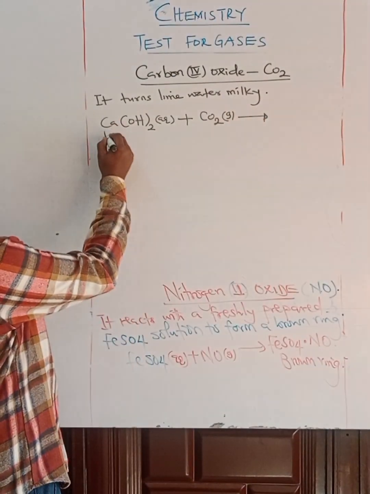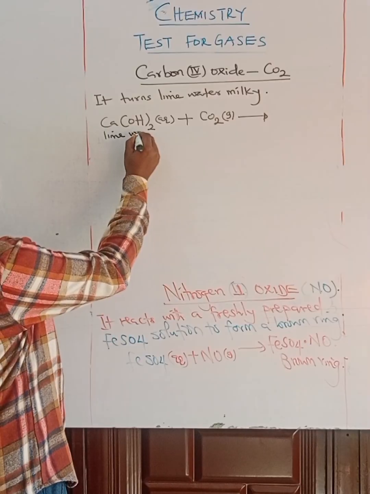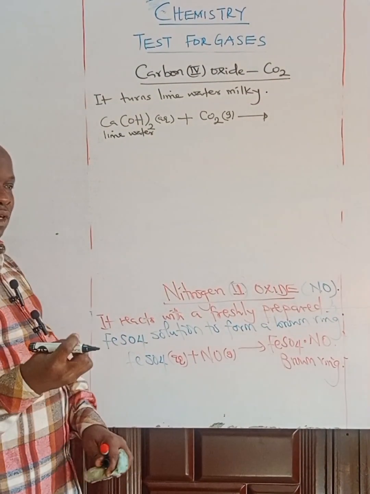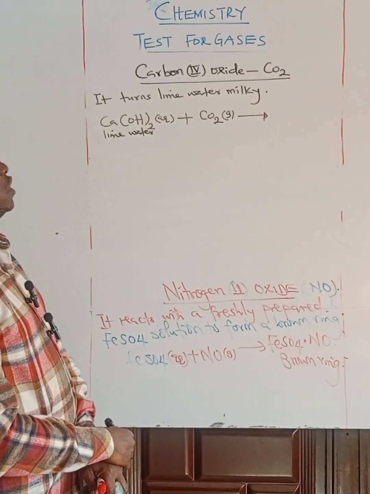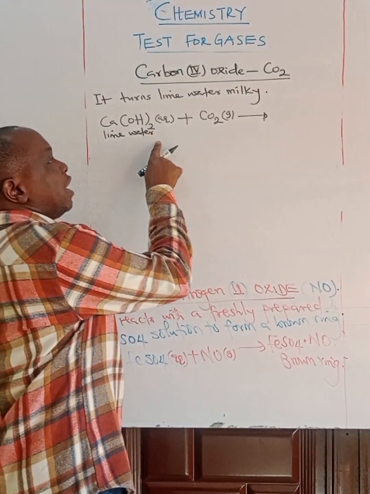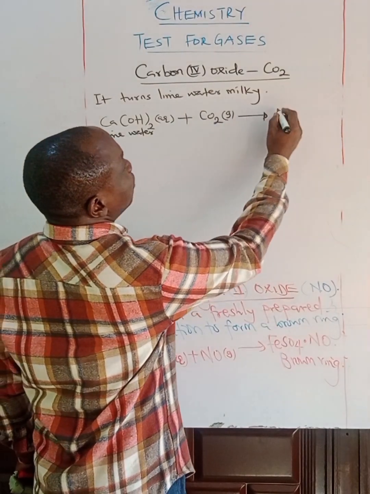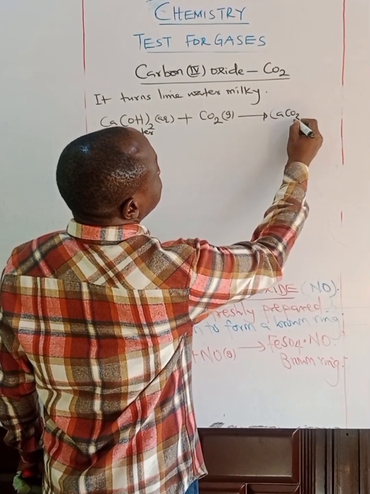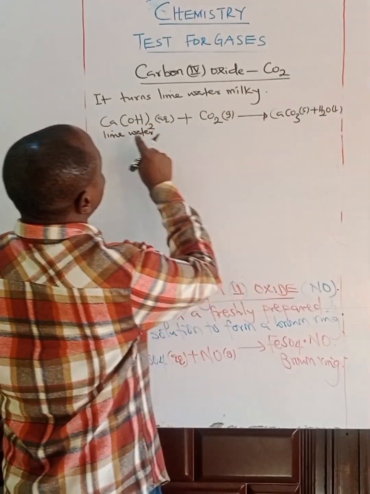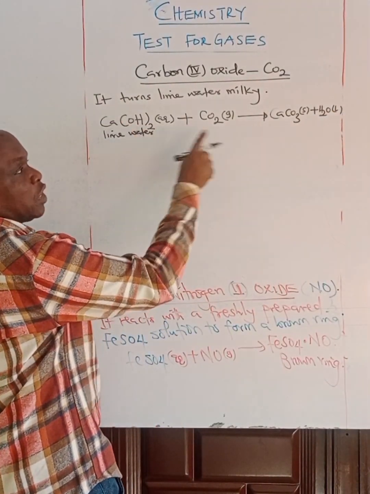This is the chemical formula of lime water when it contains a large volume of water. When it is a very small quantity, we call it slaked lime. So lime water will form calcium carbonate plus water.